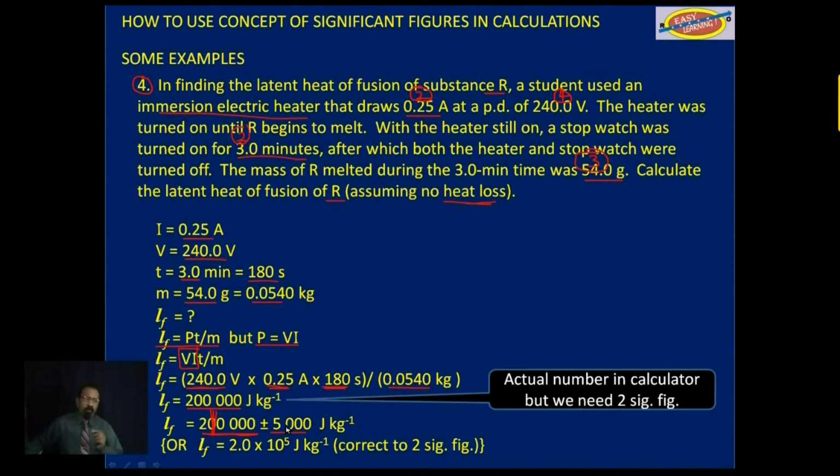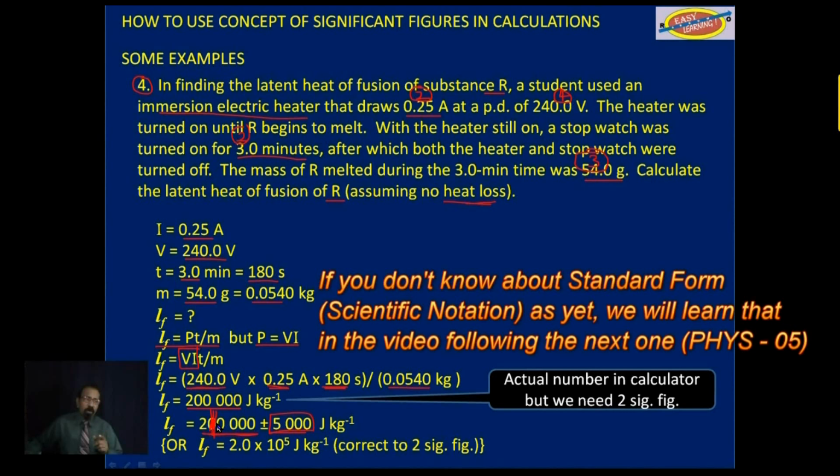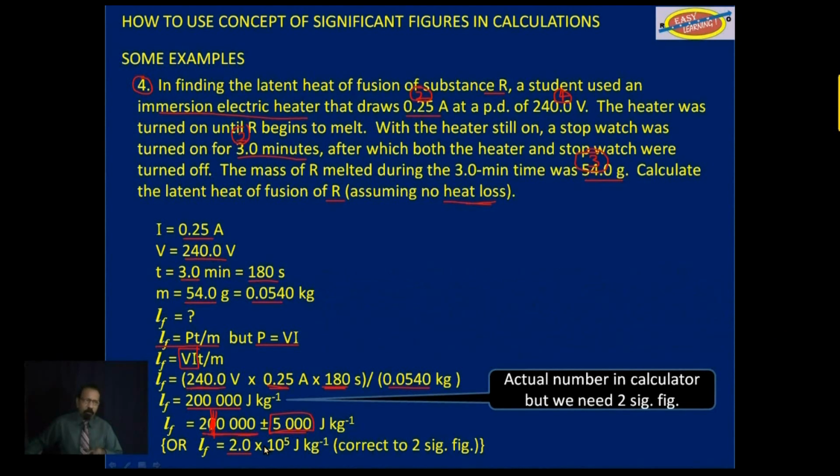That way, if you double this, you can know exactly where the uncertain digit is. It's in the 10,000 position, which is here. Or you can shift it to standard form, scientific notation, 2.0 times 10 to the fifth joules per kilogram. But we need two significant figures.